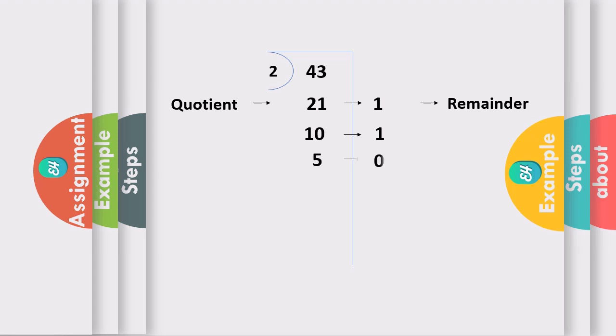The answer is 5. The remainder is 0 because it is perfectly divisible. Now if we divide 5 by 2, I get the answer as 2 2s are 4. So remainder is 1. And lastly divide 2 again by 2, I'll get 2 ones are 2. That is 1 is my quotient and remainder here will be 0.